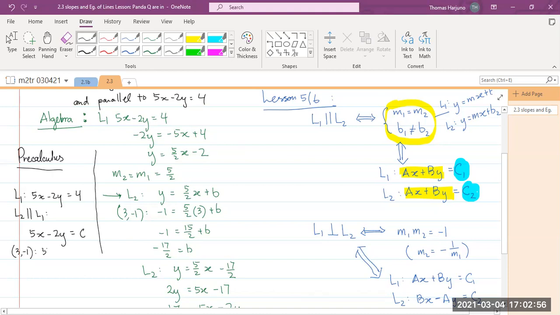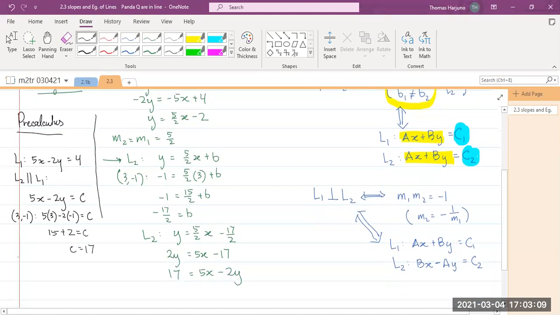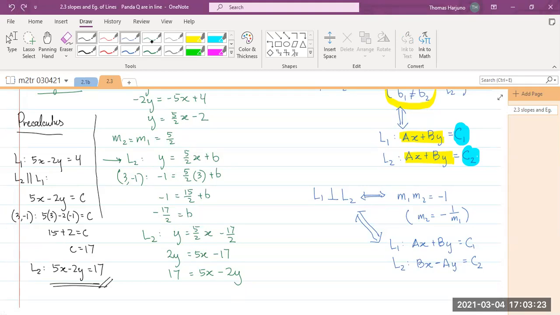So 5 times 3 minus 2 times -1 equals c. 15 plus 2 equals c. c equals 17. Therefore, the equation of line 2 is 5x minus 2y equals 17. See, Thomas, we get the same answer.